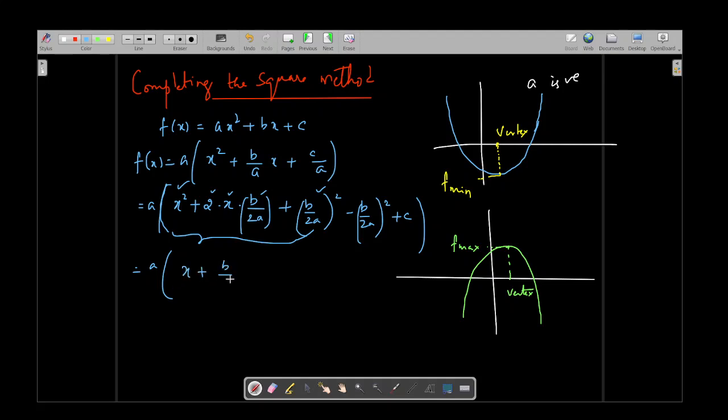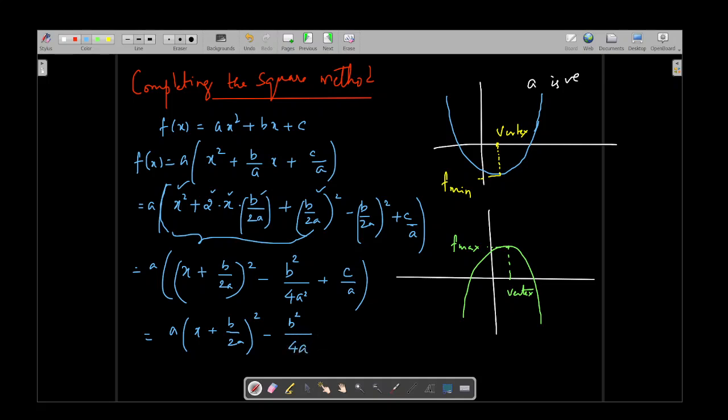So x plus b by 2a whole square minus b square by 4a square plus c by a. Now I'll multiply a, the whole thing. So this is a times x plus b by 2a whole square minus, so if I multiply a with this, it becomes b square by 4a plus c.